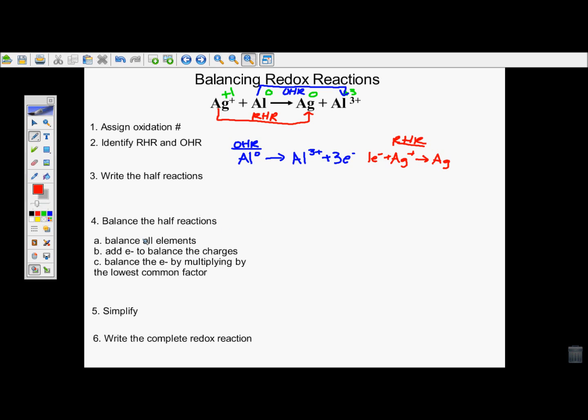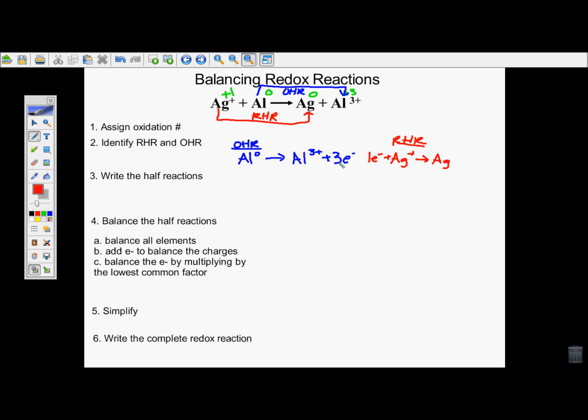So now step 4C is to balance the electrons by multiplying by the lowest common factor. Because, like I said, these are half reactions. So what this is saying is for aluminum to go from its elemental state to its ionic state, it must donate 3 electrons. However, for silver to go from its ionic state to its elemental state, it only has to gain 1 electron. And as we know, you can't give up electrons unless there's somebody to take them.